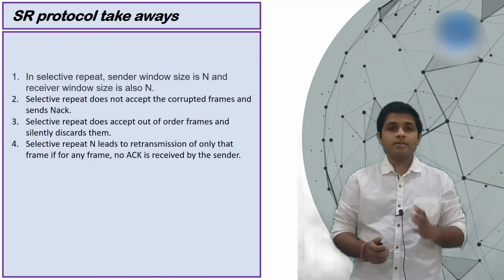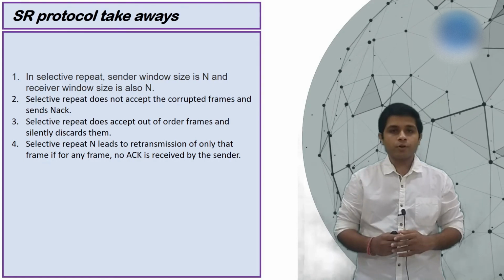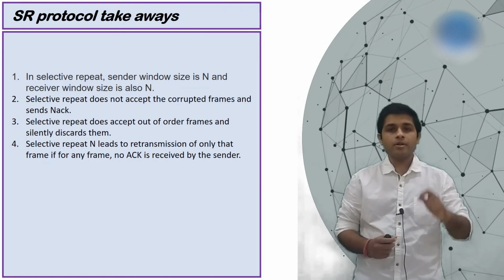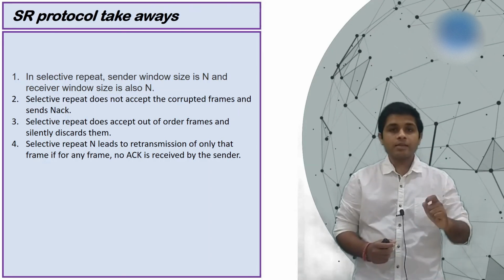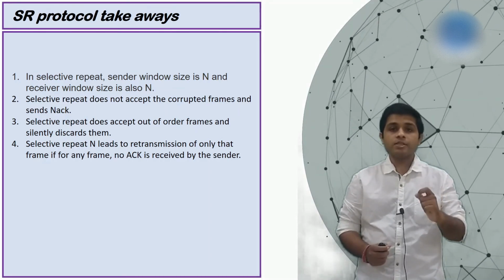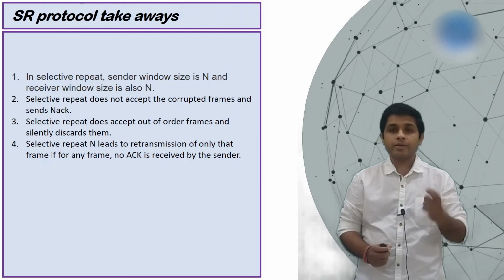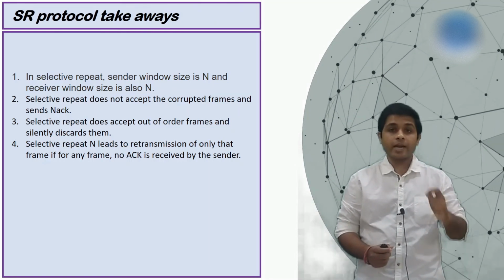Now let's see the takeaways of the selective repeat protocol. In selective repeat, the sender's window is equal to the receiver's window, and if the receiver receives any corrupted packet, it will send a negative acknowledgement.